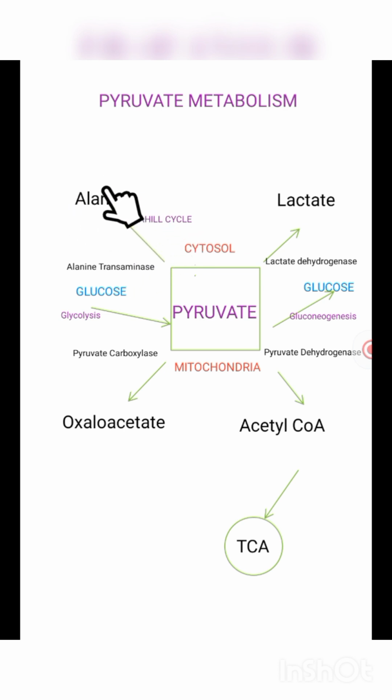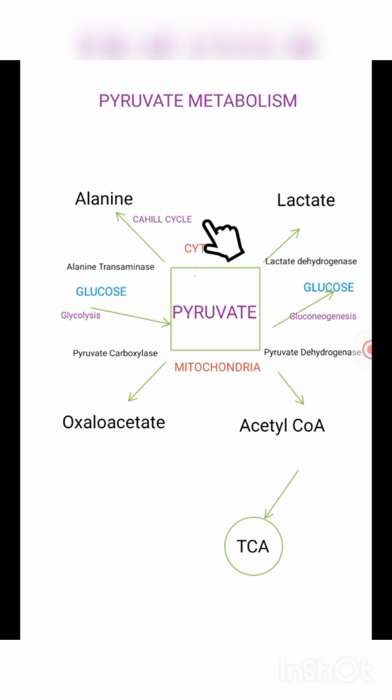Once it gets to the liver, for instance, from the muscles, it is converted back to pyruvate, so the liver can utilize pyruvate. So if pyruvate is needed back into the muscles, it can first of all be converted to glucose using gluconeogenesis, and then the glucose will move from the liver and cross over to the muscles. So that's basically one route that pyruvate can take after it has been produced.